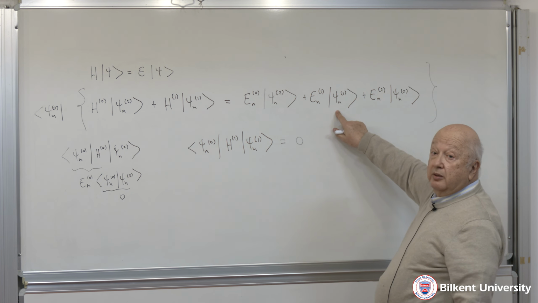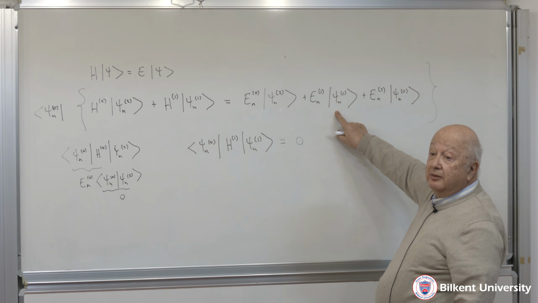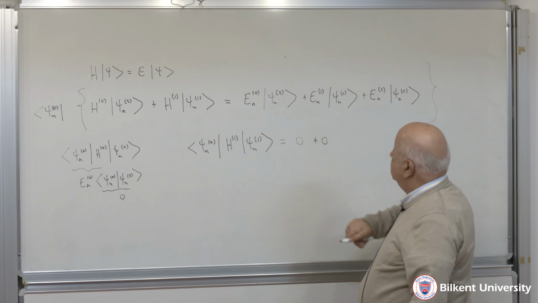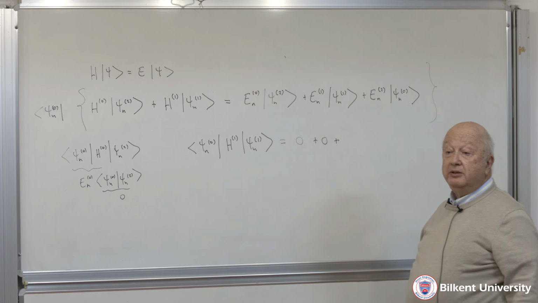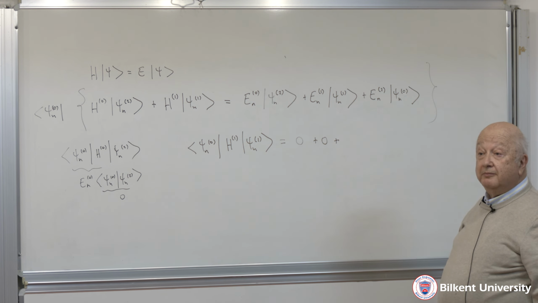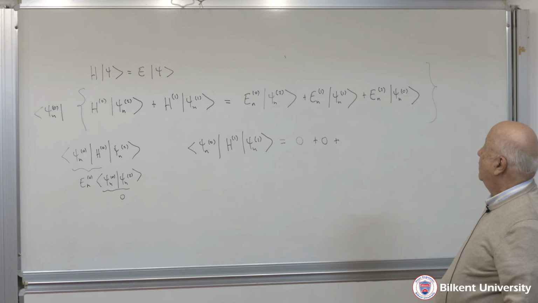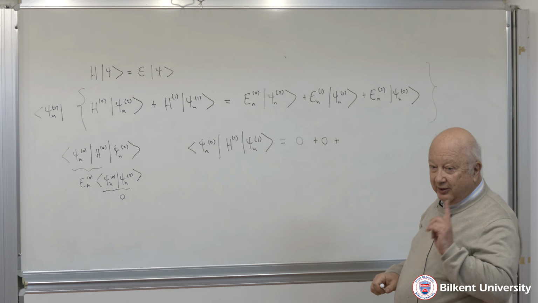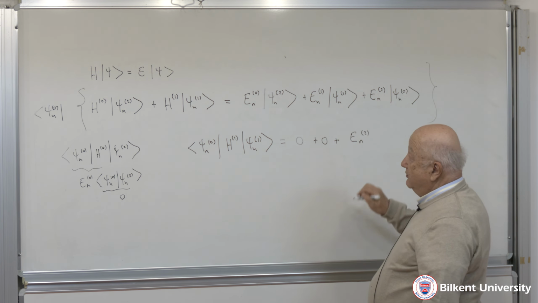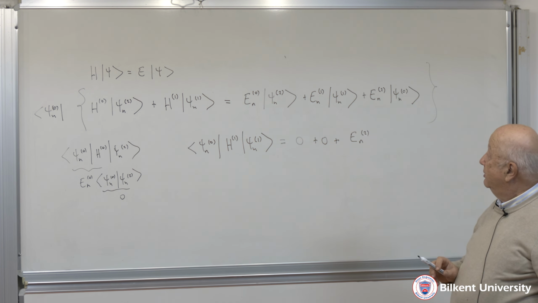What about the second one? Psi n0, psi n1? Again 0. Unbelievable, but true. Plus the last one, what is psi n0, psi n0? It's 1, right? So what remains is En2. That's very nice. I found what En2 is.